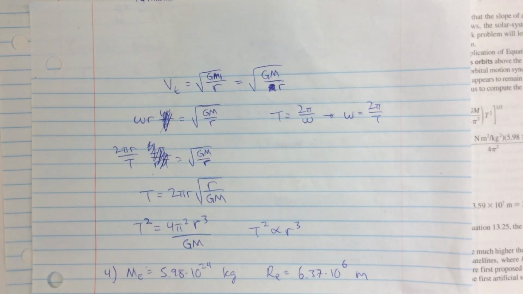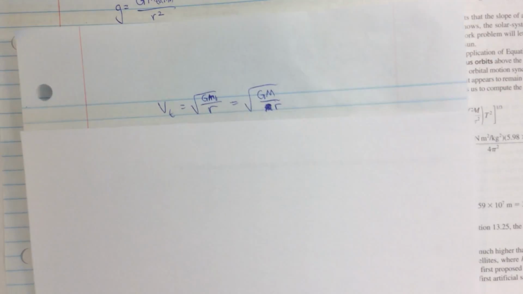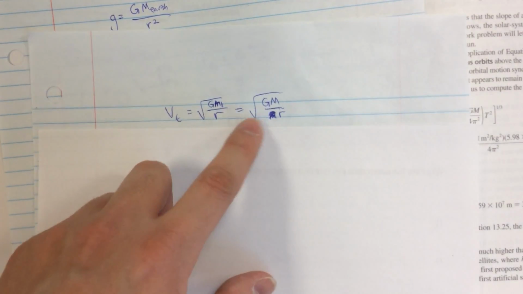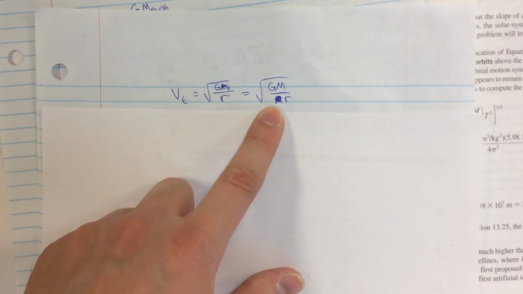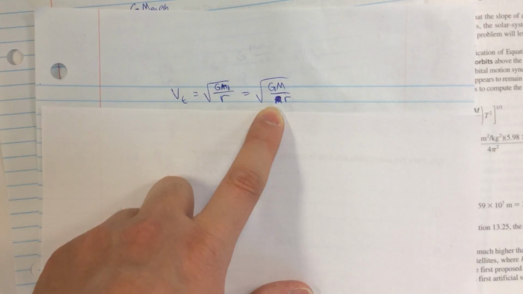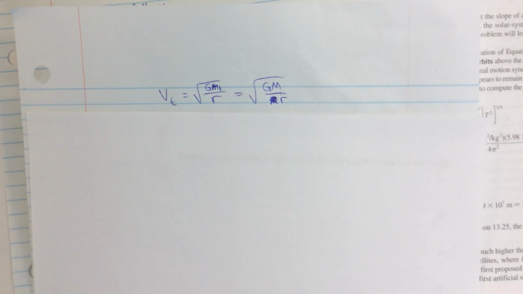So let's go through some of that math. Start from here. I'm just going to try and use the book's conventions. I'll use big M for the mass of the planet. A lot of this, when we talk about circular orbits, assumes that you have one significantly more massive object than the other, so we're not looking at two binary stars.